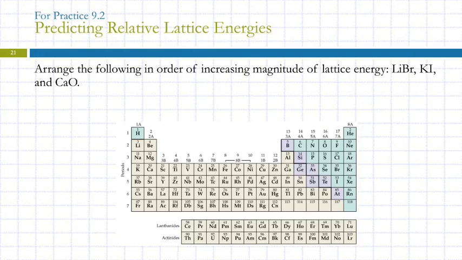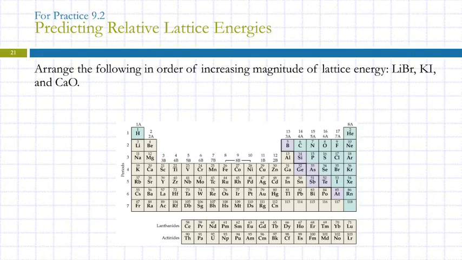So these are fun problems. Arrange the following in order of increasing magnitude of lattice energy: lithium bromide, potassium iodide, and calcium oxide. These problems are tricky to make up because you have to choose the compounds very carefully. Because if you choose badly, then you can't predict them at all. So what do we have here?